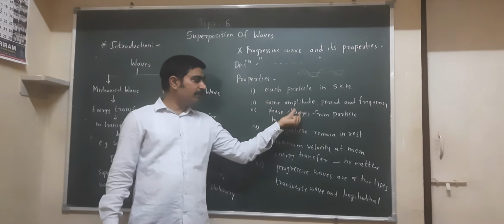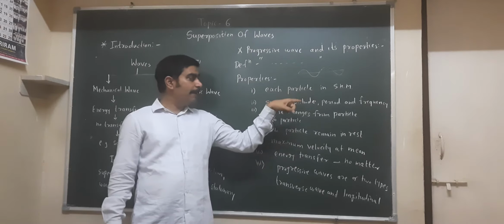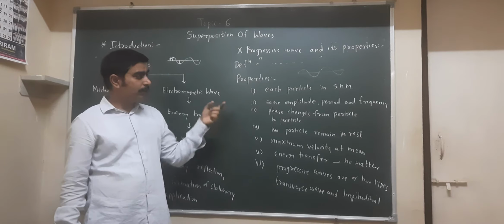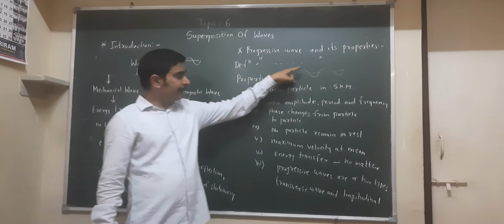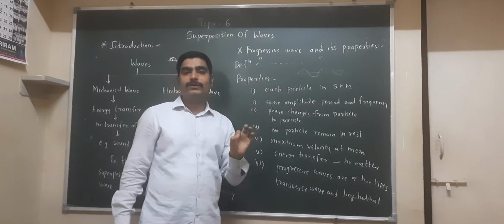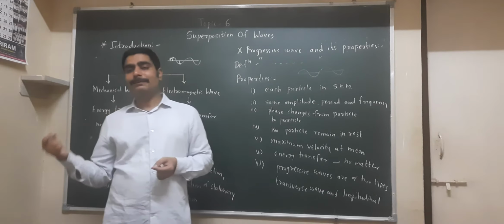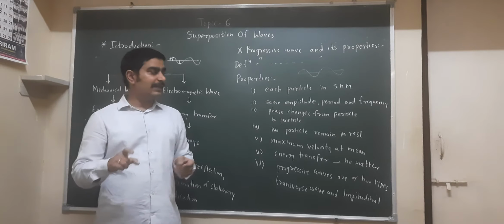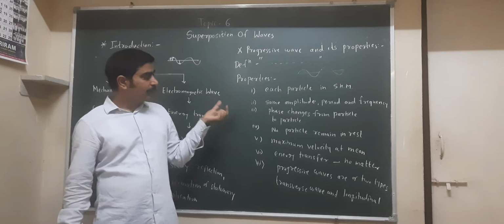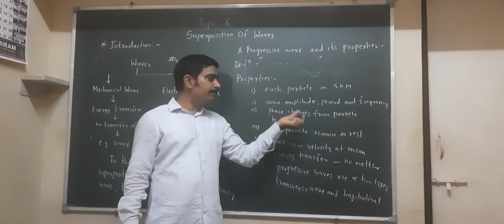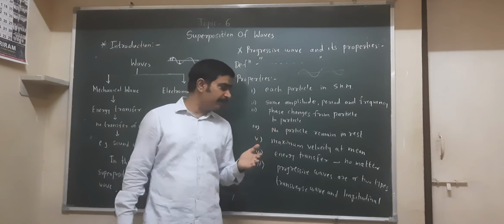You know the definitions: maximum displacement of the particle from the mean position is known as amplitude. Period is the time taken by the particle to complete one oscillation. And frequency is the number of vibrations completed by the particle in 1 second. So in the progressive wave, the particles have the same amplitude, period and frequency. That is the second property.